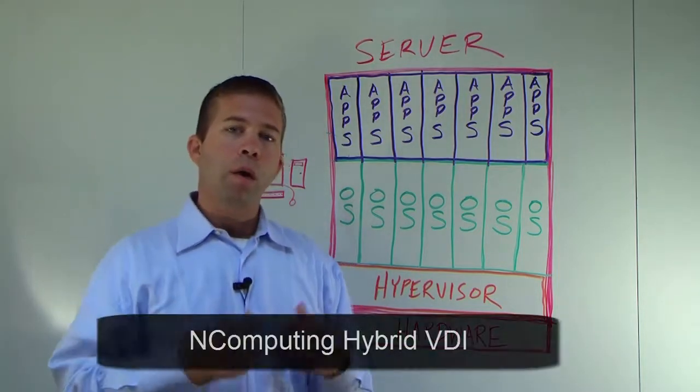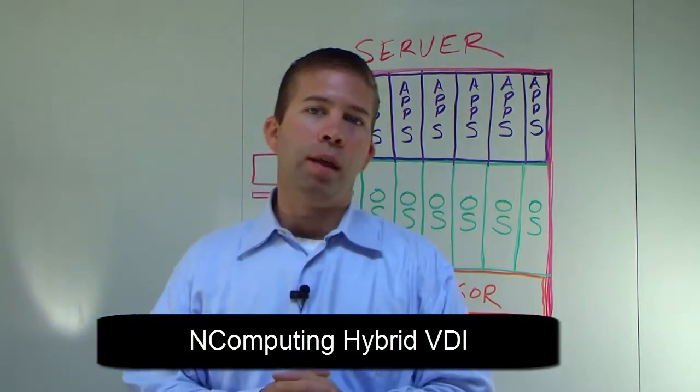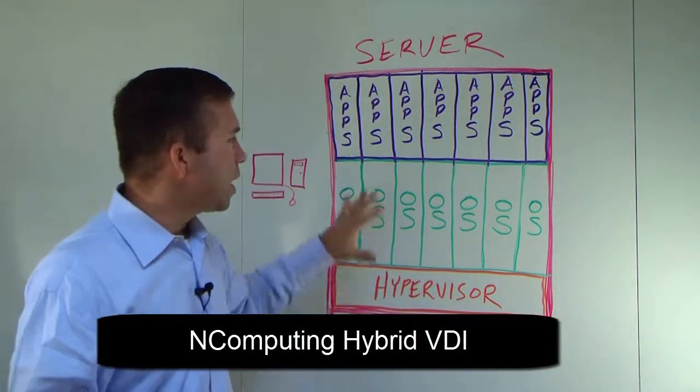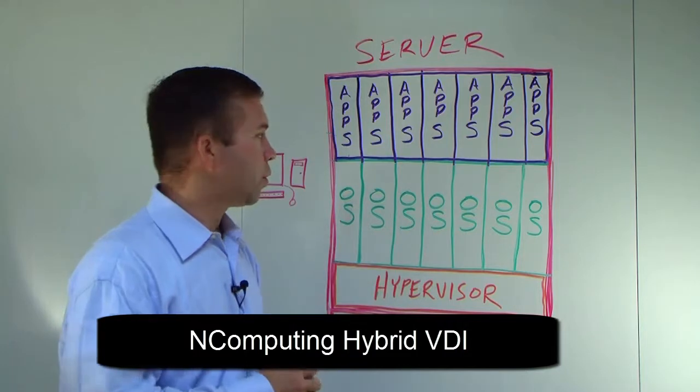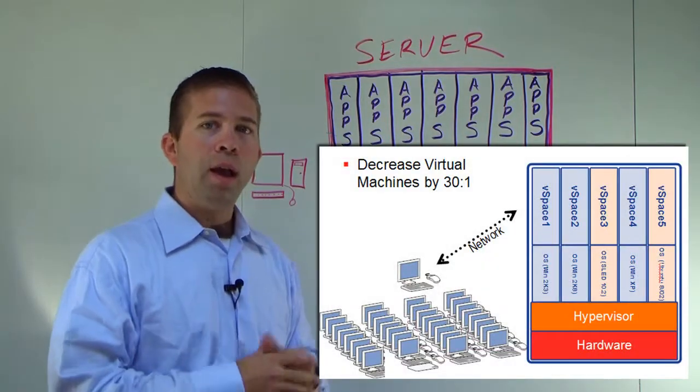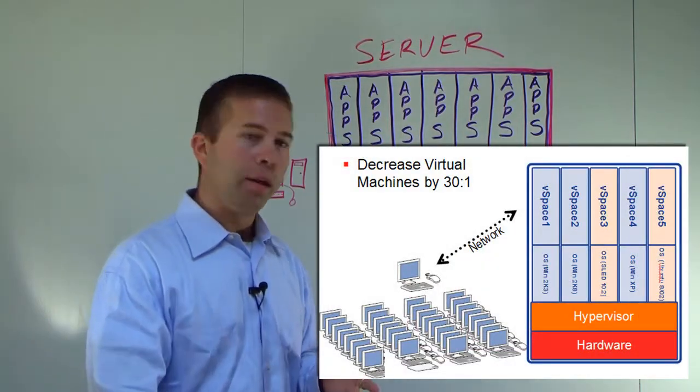So hybrid VDI with N Computing is really just taking this same idea as sort of one-to-one VDI and instead doing a one-to-many.